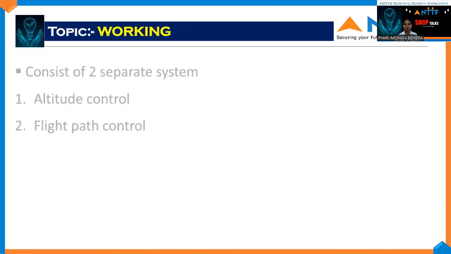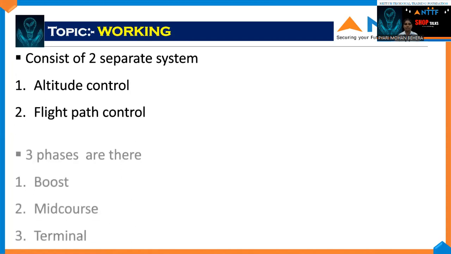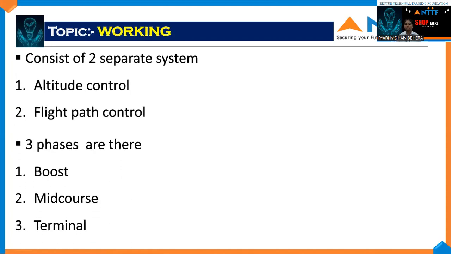After that, working. It consists of two separate parts. One is altitude control, then the second is flight path control. What is altitude control? Altitude control means it first compares the environment altitude and the missile altitude, and after comparing, whatever type of altitude the missile requires, the missile's internal mechanism adjusts the altitude control.